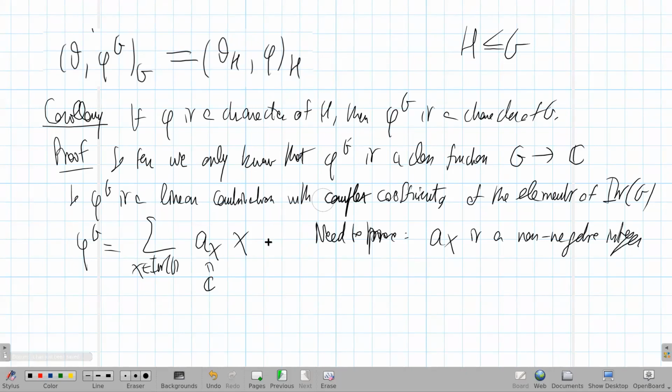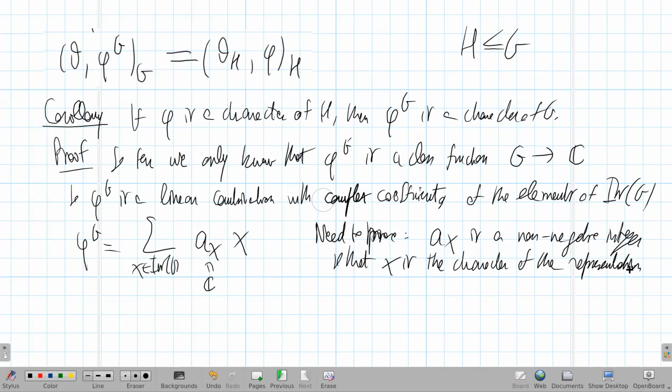Because if it's a non-negative integer, then phi g will be the character of a representation. Okay? Why? Because chi is the character of the representation.